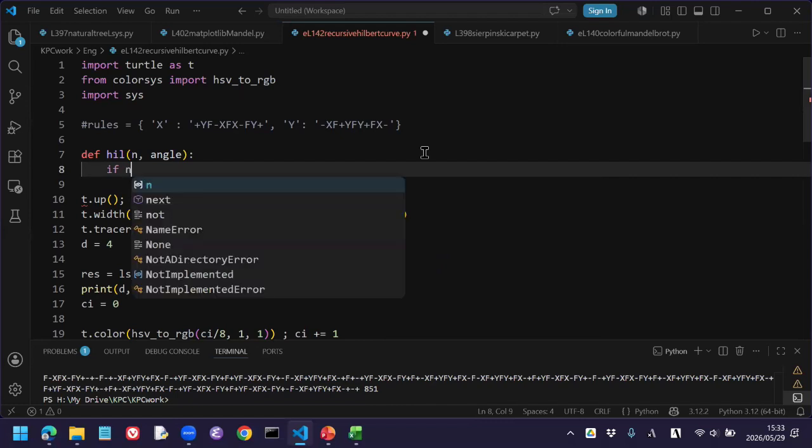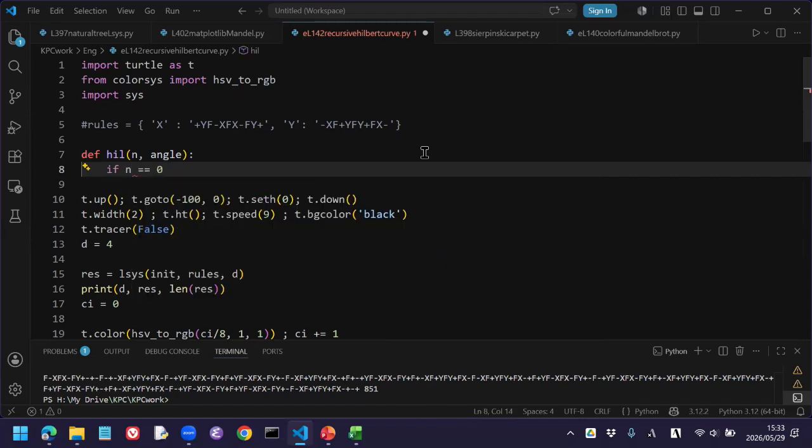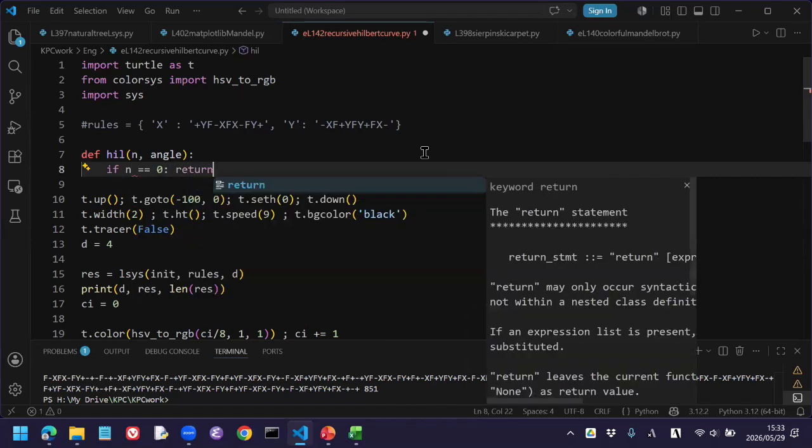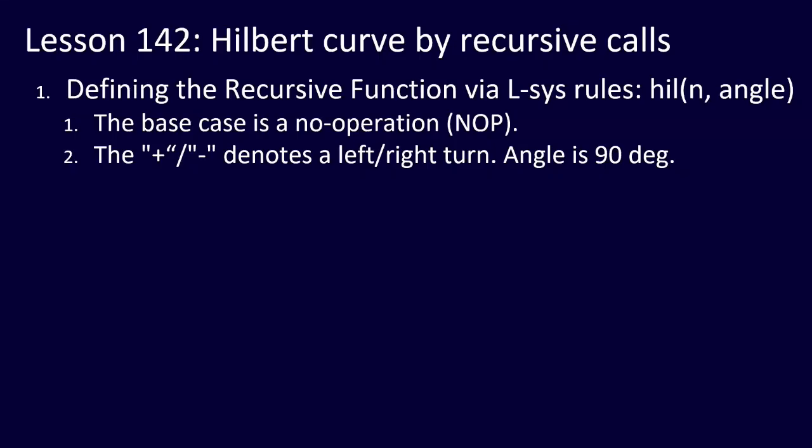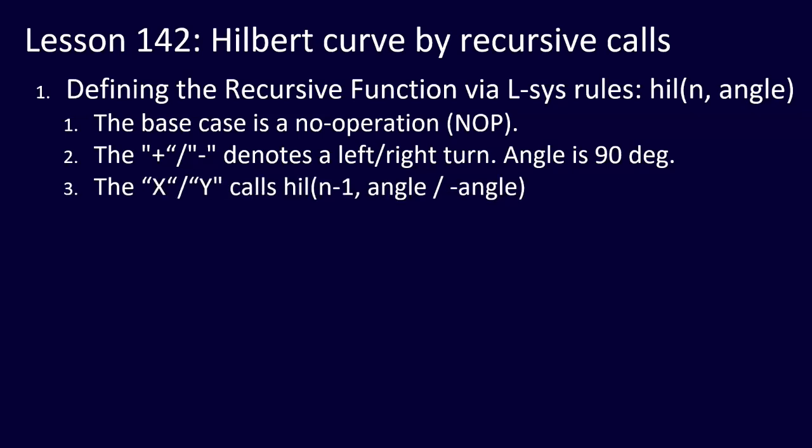So if n equals 0, just return. Otherwise, the plus and minus denote left and right turns, angles 90 degrees, and x and y call Hilbert of n minus 1, and x calls angle positive, and y calls angle negative.